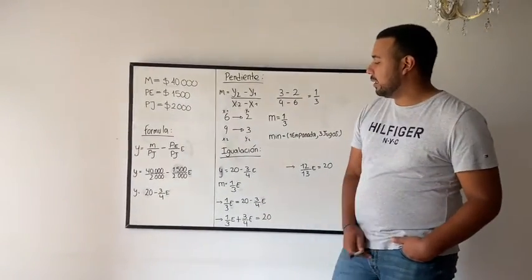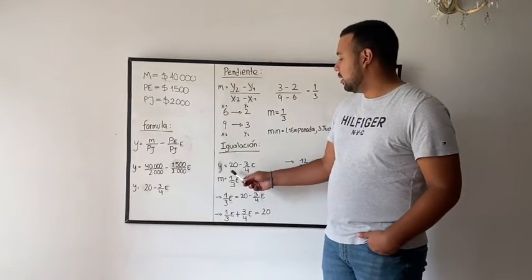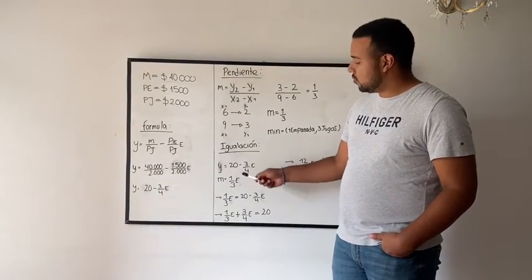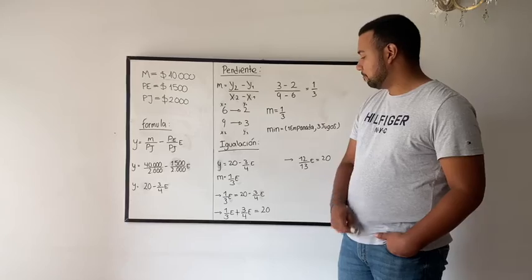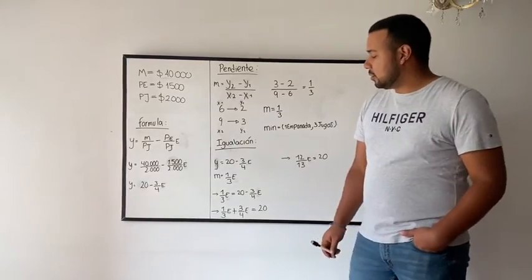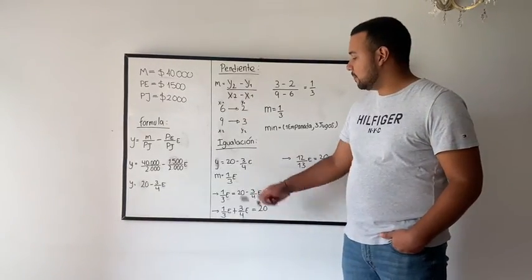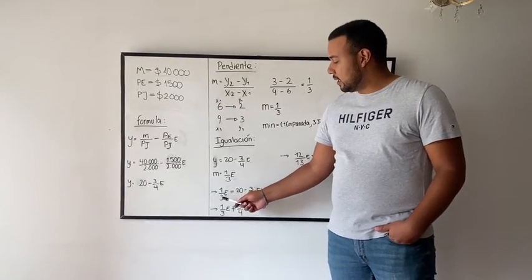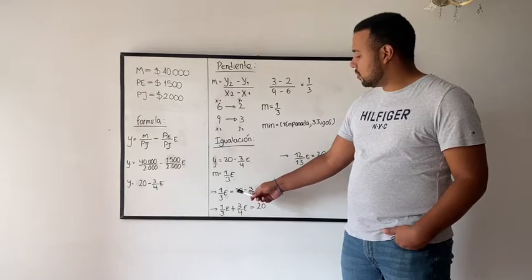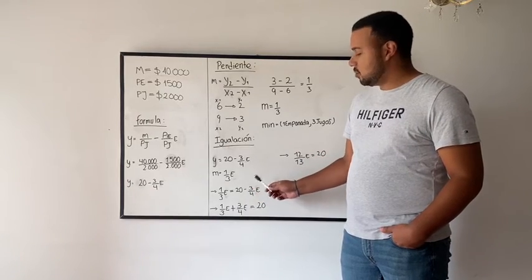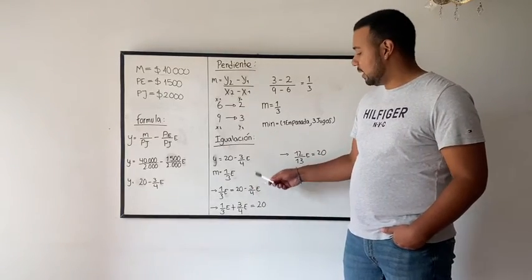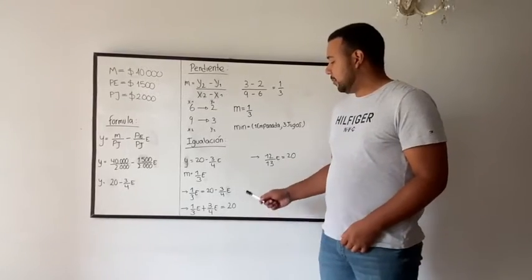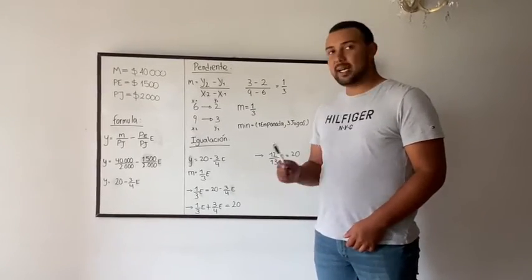Having already alpha and beta, we are going to match this to our budget line. My budget line is y equal to 20 minus 3 divided by 4 times x. Okay, I'm going to match these formulas, and this is the same as saying that 1 divided by 3 times x is equal to 20 minus 3 divided by 4 times x. Next, I'm grouping terms to add them.